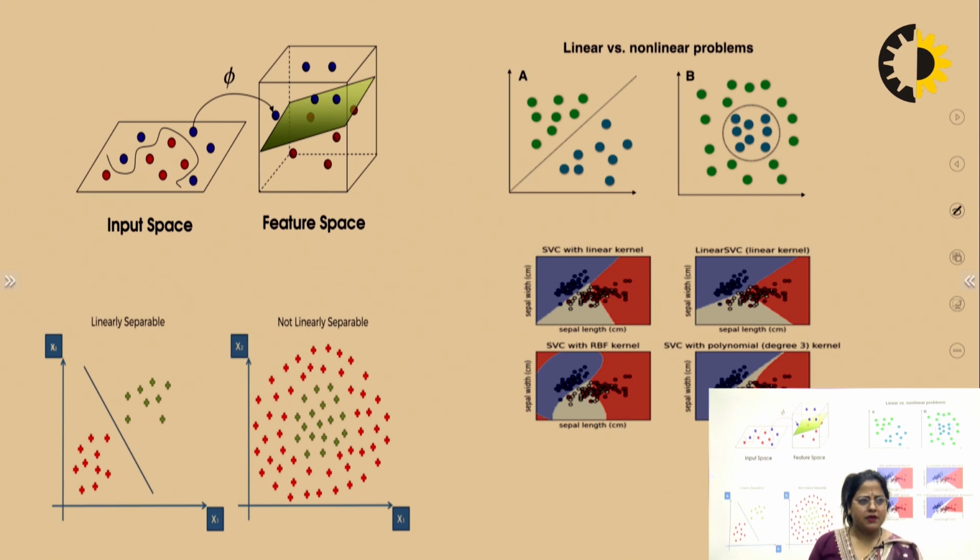These are some images where, let's suppose we take the example, the data is not in separable form, not linear data, so we cannot directly create a linear hyperplane. According to this image, we cannot directly create a hyperplane.